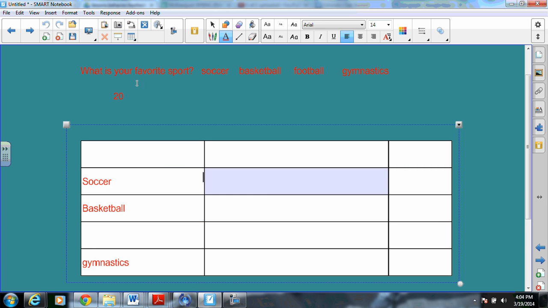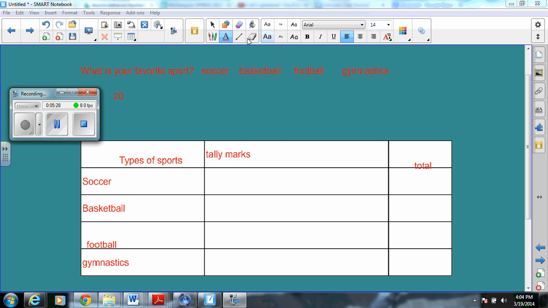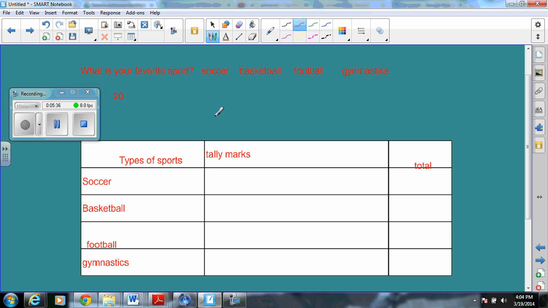Okay, so over here, I'm going to leave this room for my tally marks. Oh, it's giving me a hard time here. So, let's say I asked 20 people, and the first person said, oh, I like football.